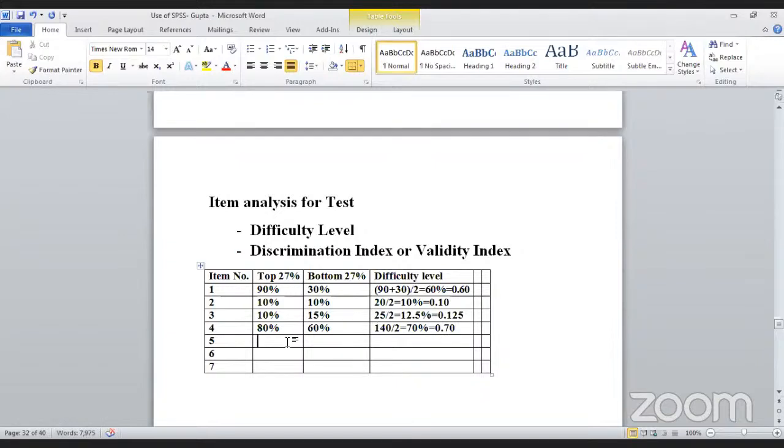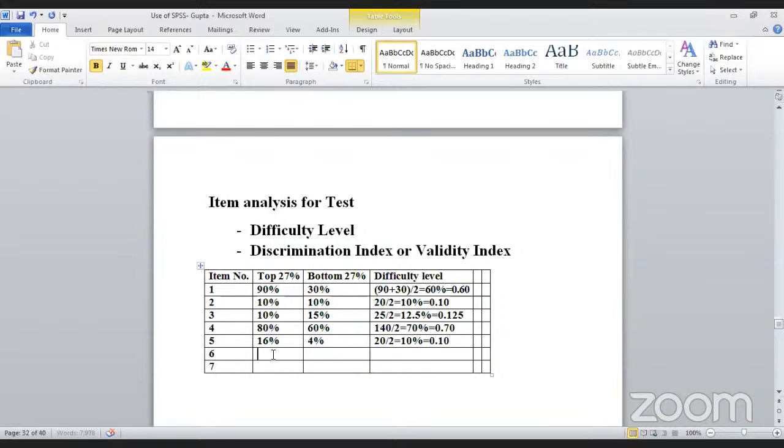Now here is a question where, let's say, 16% of the people attempted it correctly. And here only 4% of the people attempted it correctly. So 20 divided by 2 will be equal to 10. And this is 10%, and this means 0.10.